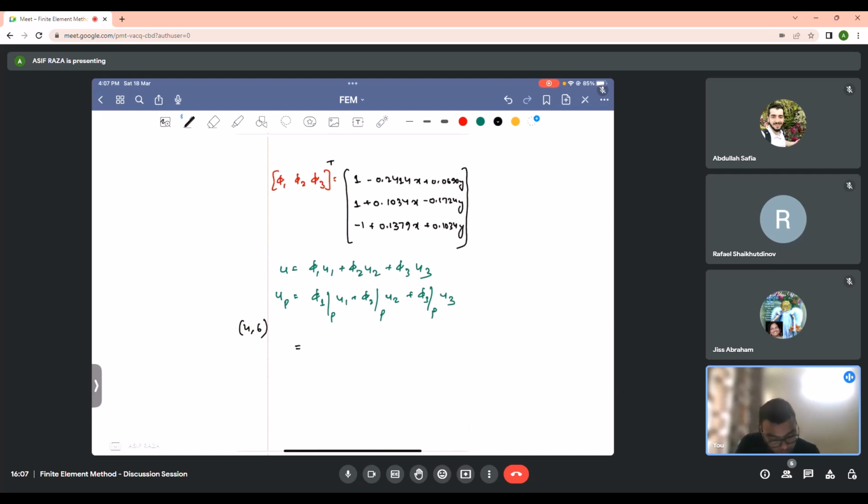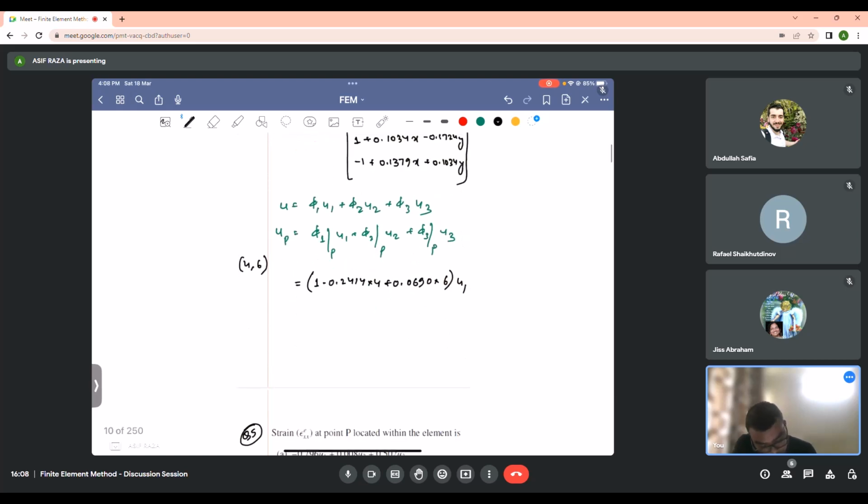So phi 1 is 1 minus 0.2414 times 4 plus 0.0690 times 6, times u1, plus 1 plus 0.1034 times 4 minus 0.1724 times 6, times u2, plus minus 1 plus 0.1379 times 4 plus 0.1034 times 6, times u3.